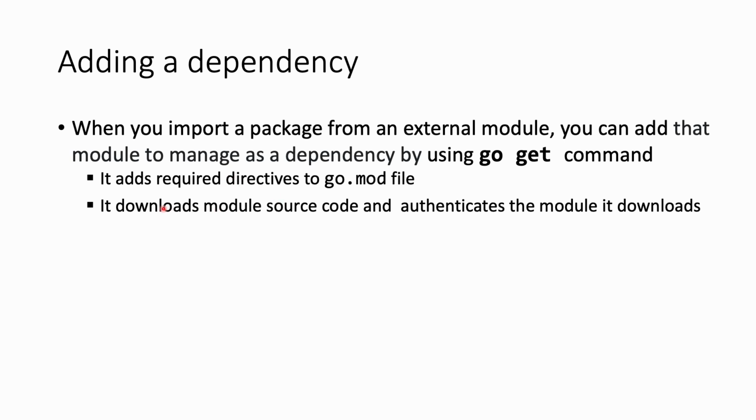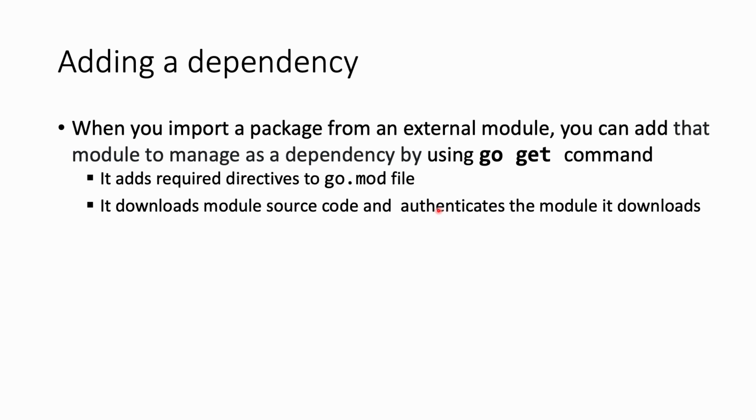Second, if needed, it downloads module source code so that you can compile packages that depend on them. The command also authenticates the modules it downloads. This ensures that the module is unchanged from when it was published.